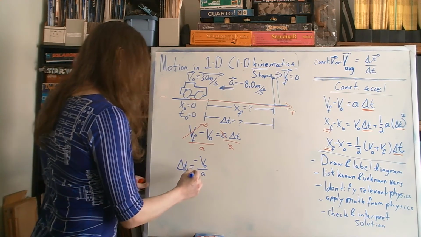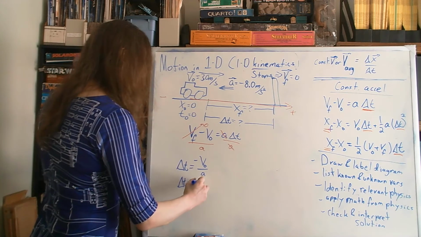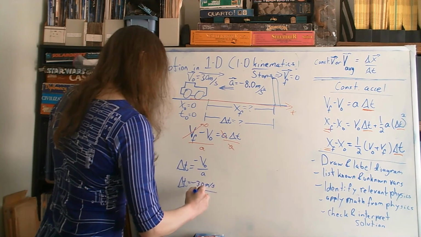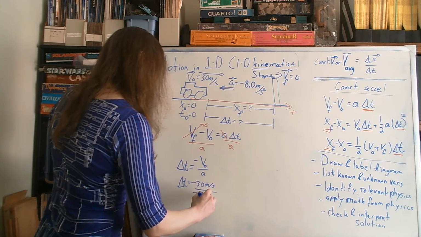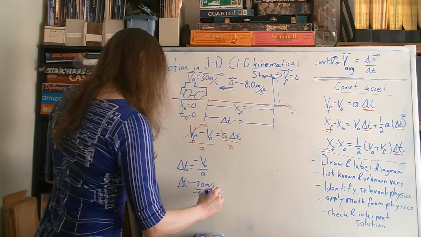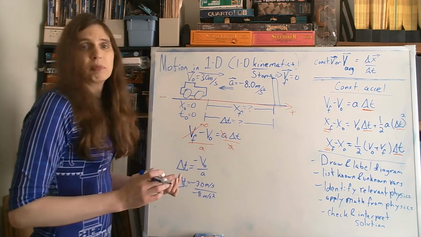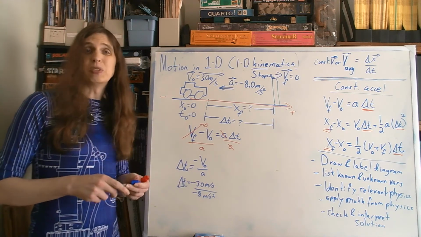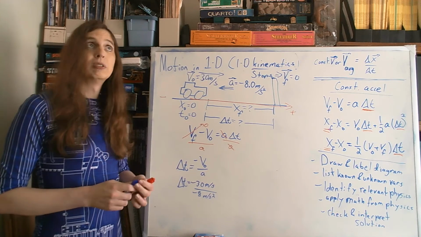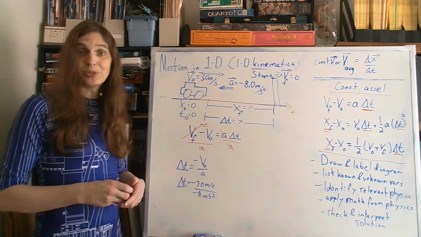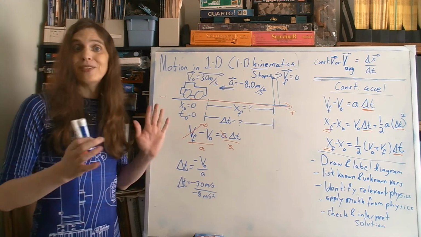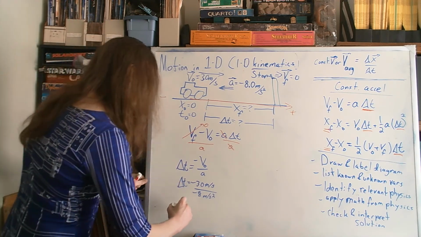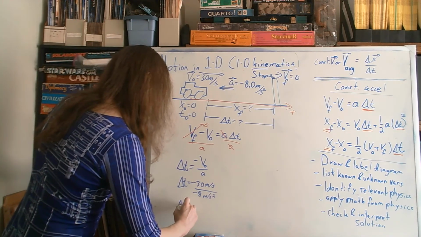Delta t is negative 30 meters per second over negative 8 meters per second squared. 30 divided by 8, same as 15 divided by 4, 7.5 divided by 2, 3.75. Okay, so there's our answer here is 3.75.